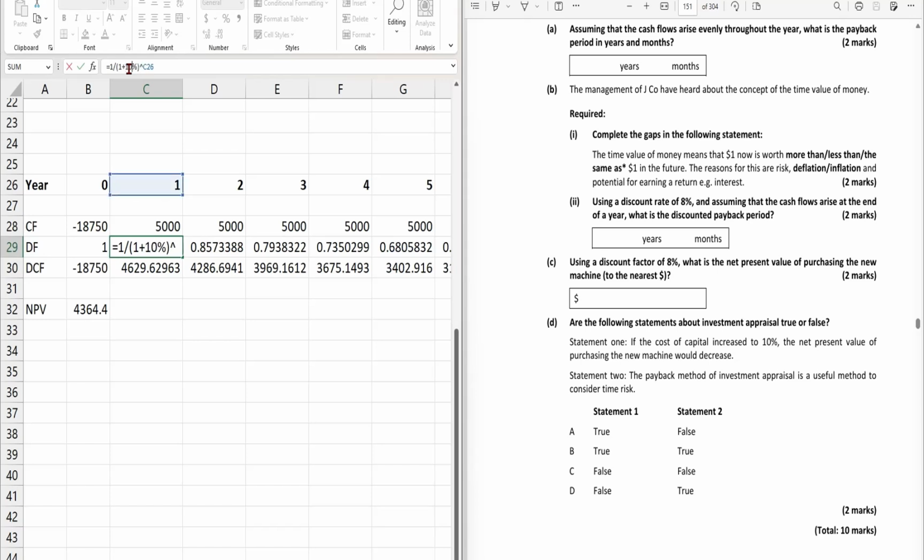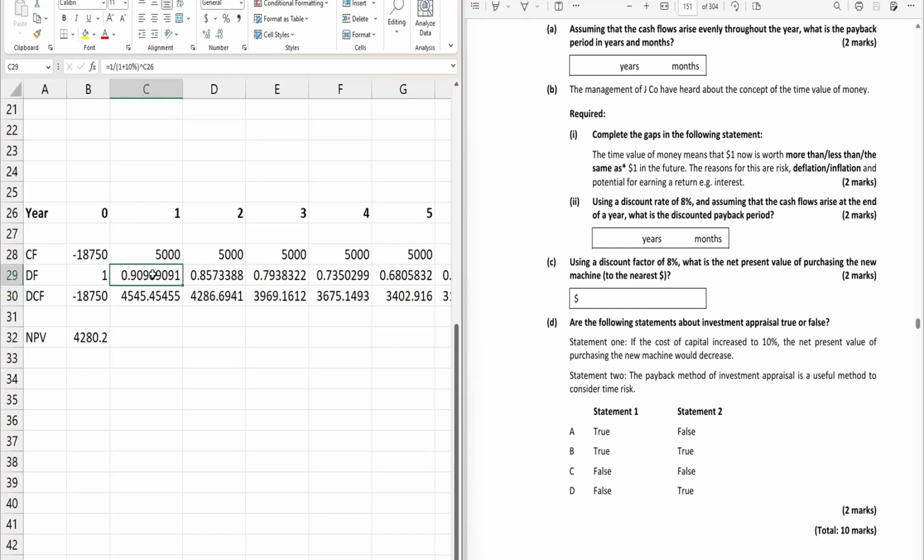So please remember this value: at 8% we are getting an NPV of 4364. Now let's calculate for 10%. Yeah, it's now 3026, right? So NPV has declined when the cost of capital is increasing. So that means statement 1 is correct.